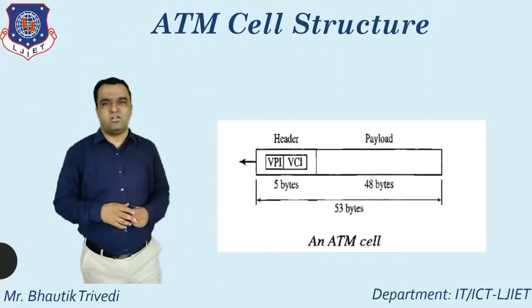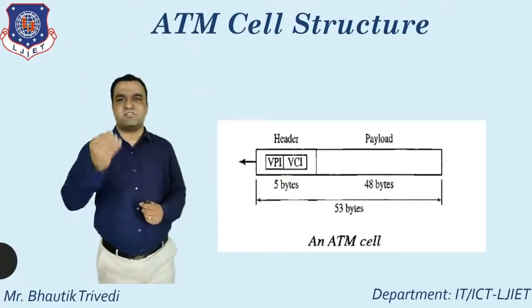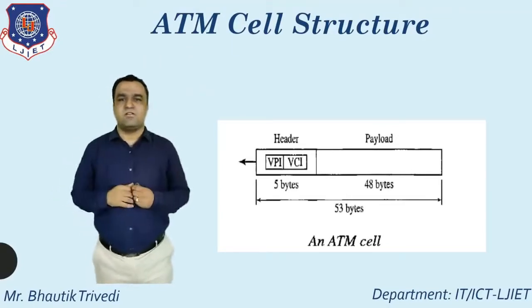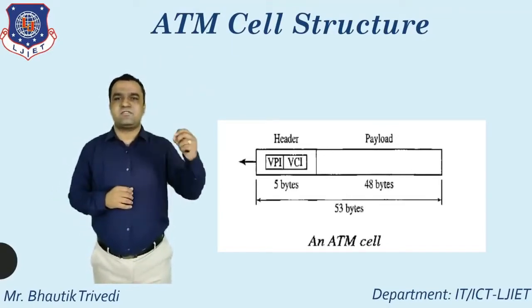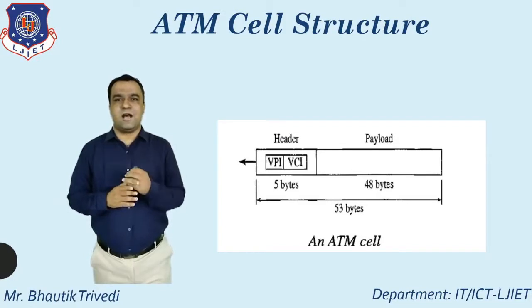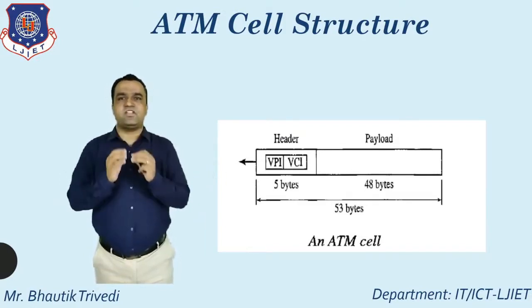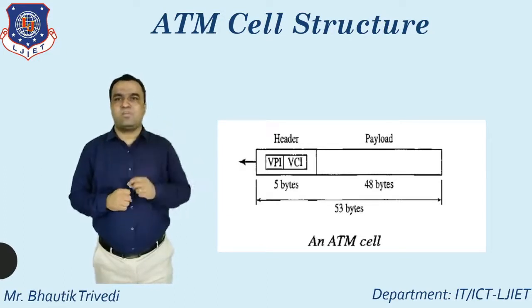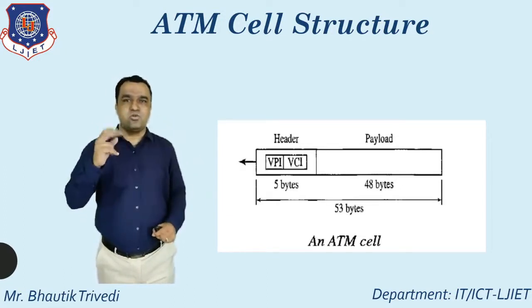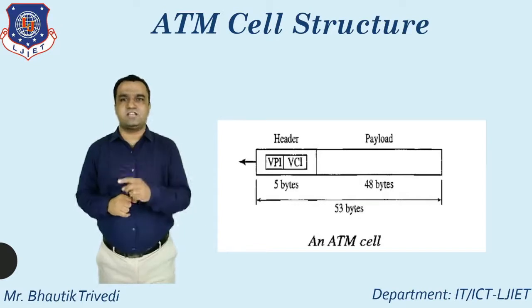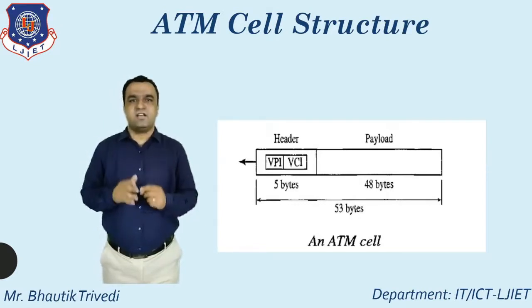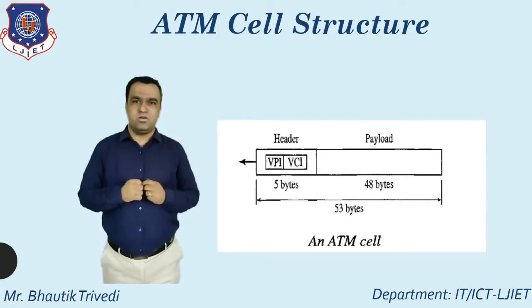First of all, whenever you talk about the ATM cell structure, you must remember one thing. How many bytes does the ATM cell support? The ATM cell is 53 bytes, and these 53 bytes are divided into two parts: one is known as the header, and the second is known as the payload.